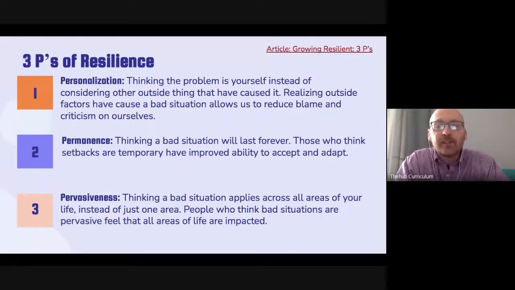And pervasiveness. This is taking that situation and having it apply in all areas of your life. So back to that job loss situation, realizing that the job loss doesn't speak to how you are as a parent or how you are as a friend or your social situations. That is one component of your life, and yes, it's a big one, but it's not all of who you are.